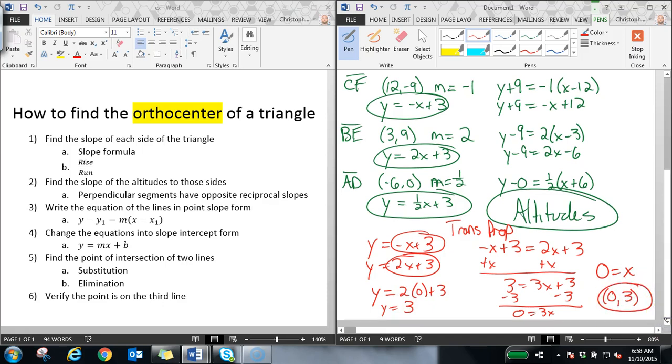The last thing I have to do is verify that it fits into the third equation, the one we didn't use. y equals 1/2 times 0 plus 3. We're hoping that y is 3. And it turns out it does check out. This is my orthocenter.